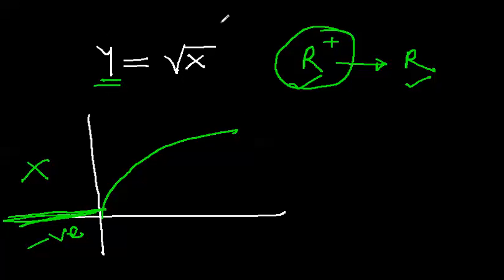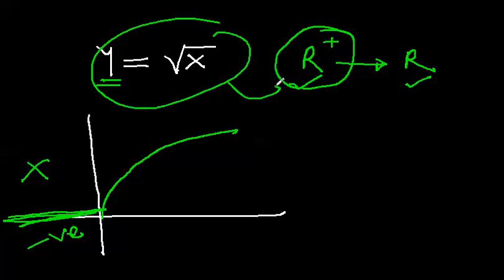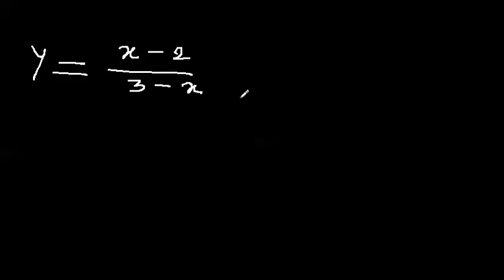Along with your function, you're going to get this thing also. It's a package. You can refer to it and say, okay, this is R positive, so my x can only be a positive real number. That is the domain. We'll consider an example where we find the range of a function given by y equals x minus 2 upon 3 minus x.